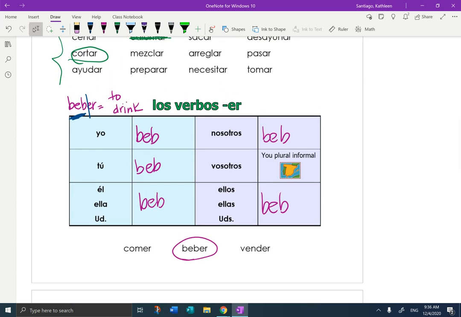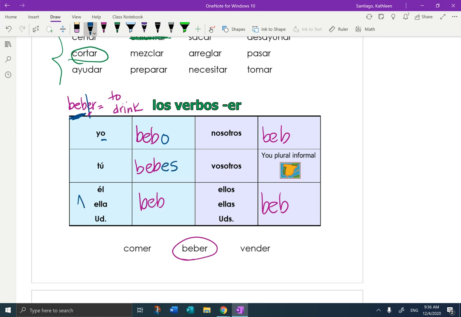So instead of o, as, a, amos, an, it's o, es, a, emos, en, because our vowel comes from the ending of the word. So yo ends in o, bebo. You have 2 big toes, and I remember toes ends in an S, and so does this, bebes.